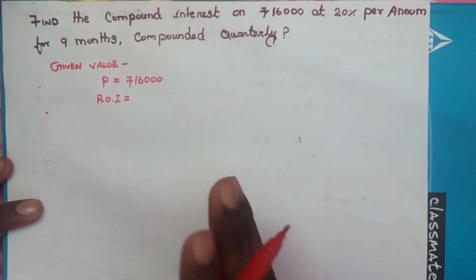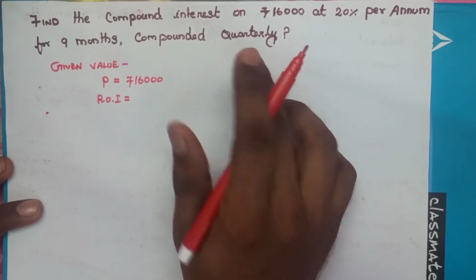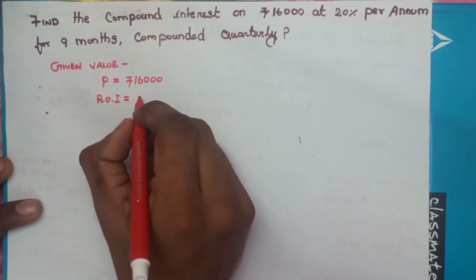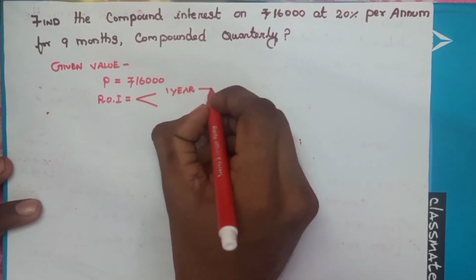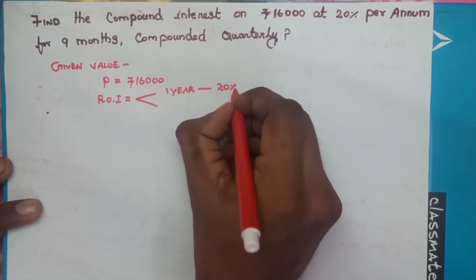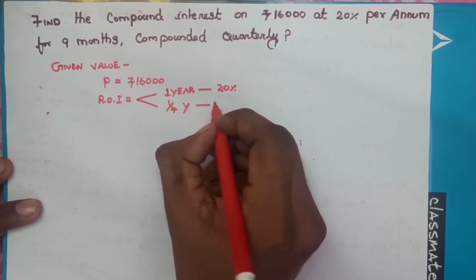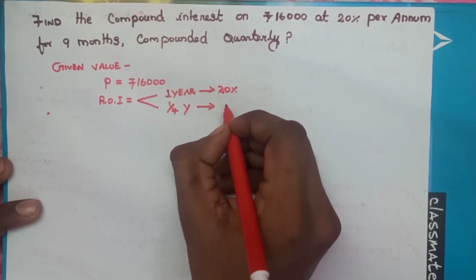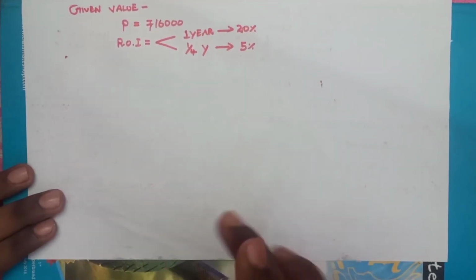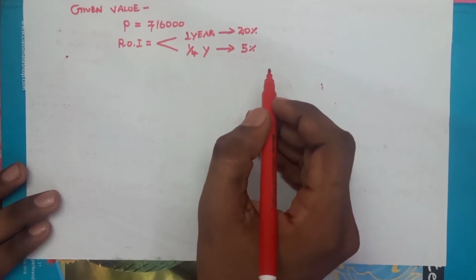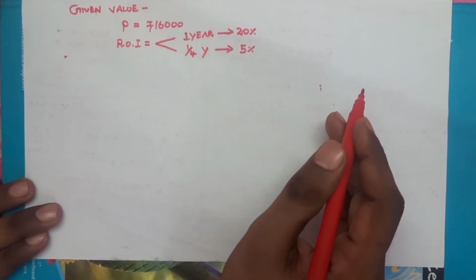So quarterly means you will just split 1 year into 4 times, right? That is a quarterly. One year interest amount is 20%. Then quarter year interest amount is just 20 divided by 4, that is 5%, right? And if you split the year into 4, what you will get?